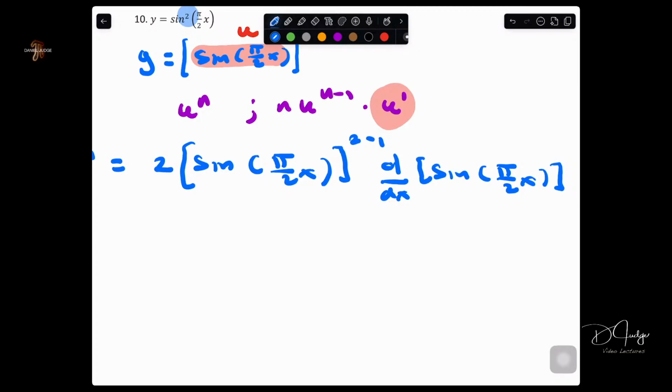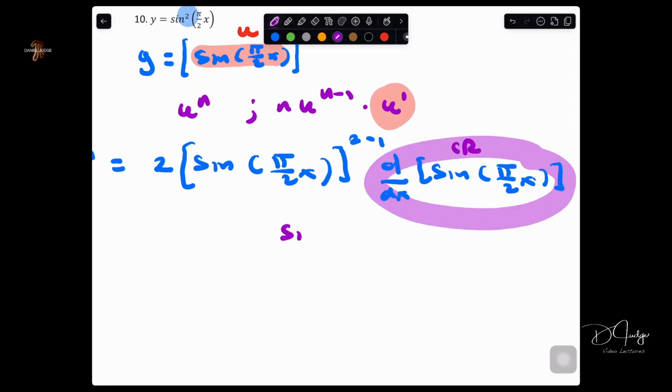Okay. Now, we're going to focus on this portion here. This again will be chain rule. But the chain rule we use here is when we have sine of u, the derivative of sine will be cosine of u, and then the chain portion here.